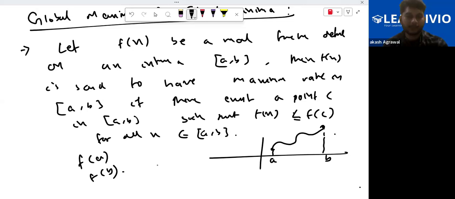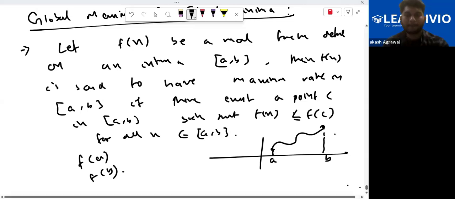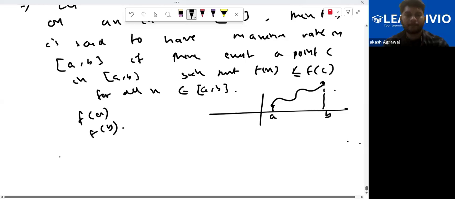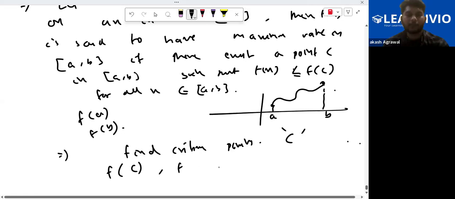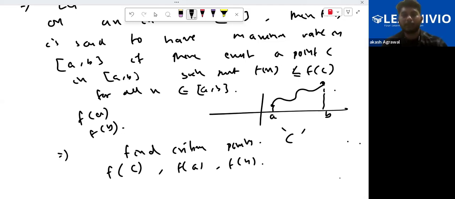Is it clear what I'm saying? Yes, sir. Right, find the critical points, get c, find f of c, find f of a, find f of b. Whichever is the maximum, that must be the maximum value. Whichever is the minimum, that must be the minimum value. Okay, note it down.